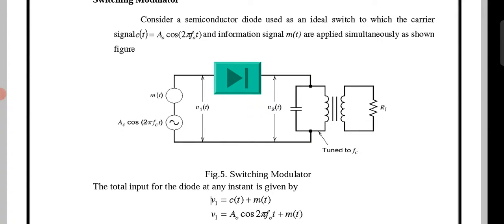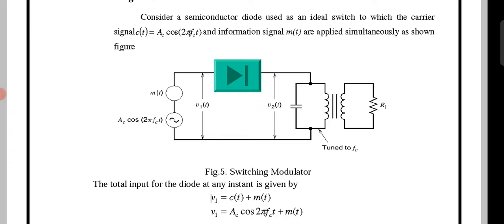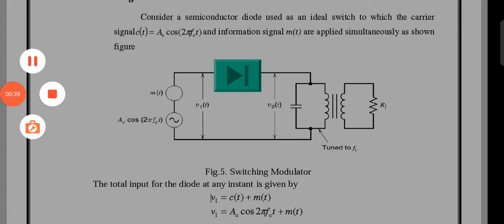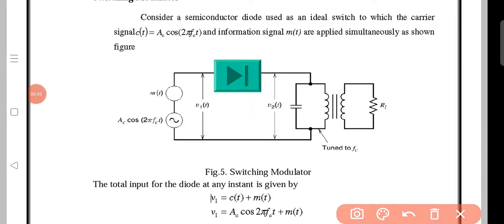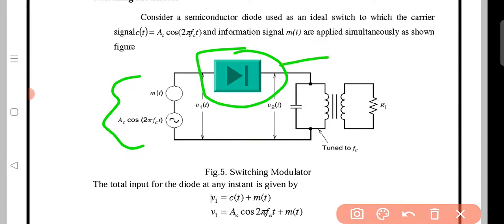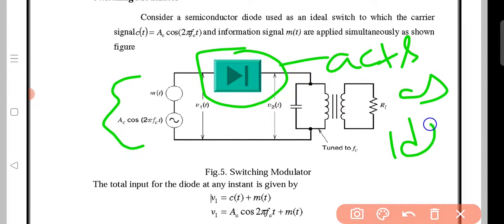Here in this block diagram we observe, at the input side, the carrier generator and the message source (information source) are presented at the input side of the diode. Here the diode acts as an ideal switch.